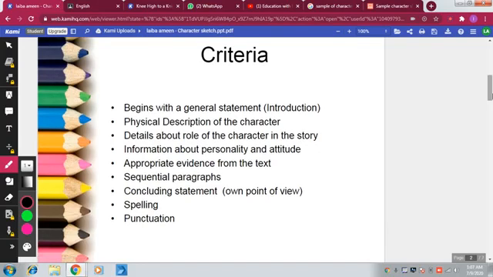The criteria for writing a character sketch is you need to begin with a general statement, an introduction paragraph.